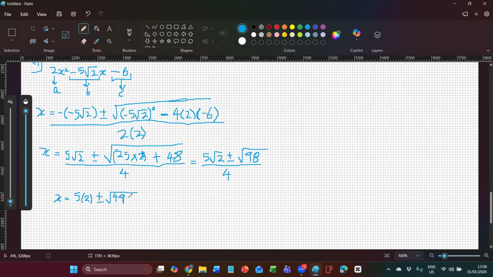But of course, we all know that square root of 2 is better left as a surd, square root of 2, so that we can easily evaluate it in our question. Oh, sorry, I think I've miswritten something while I was talking. Okay, so it's actually 5 surd 2, please.